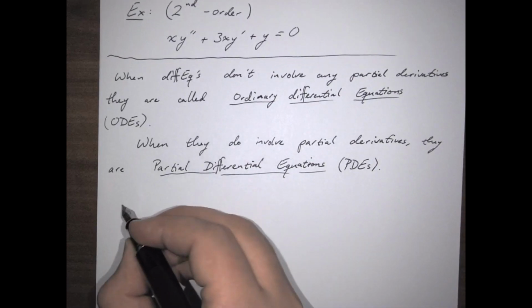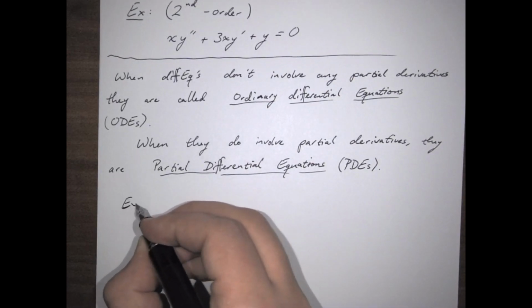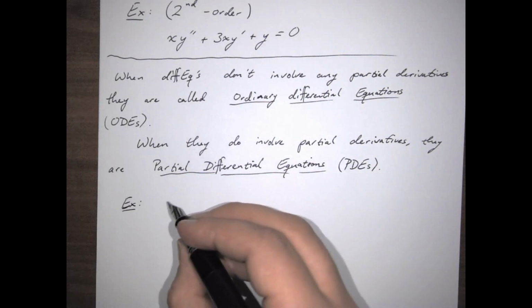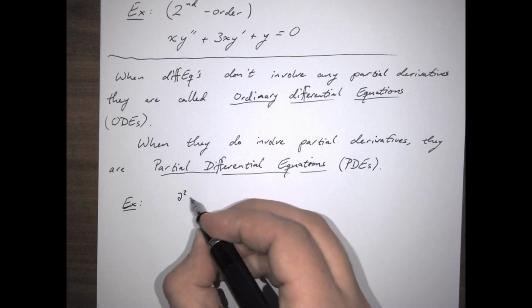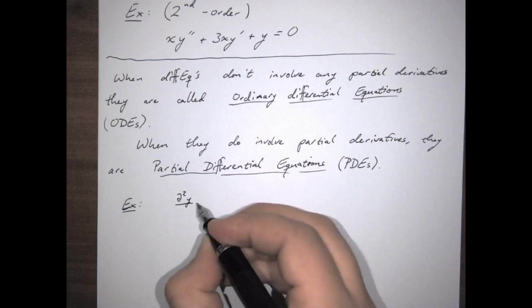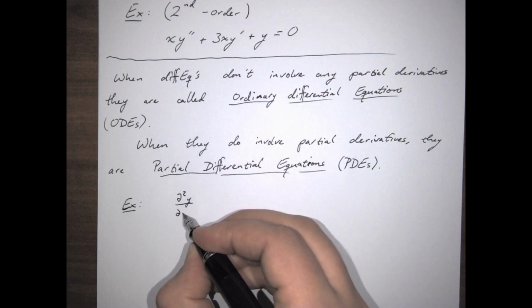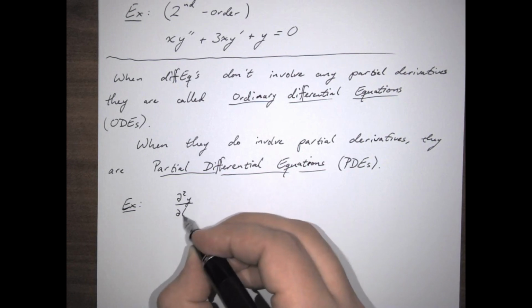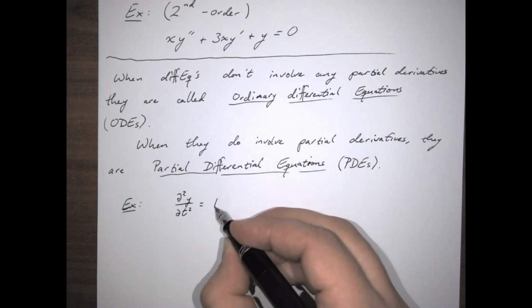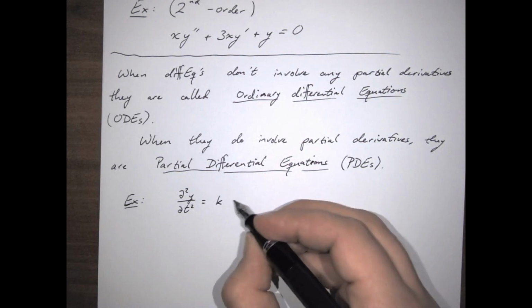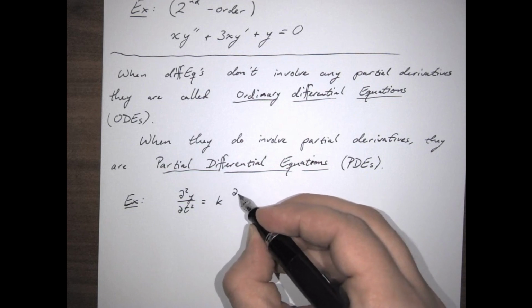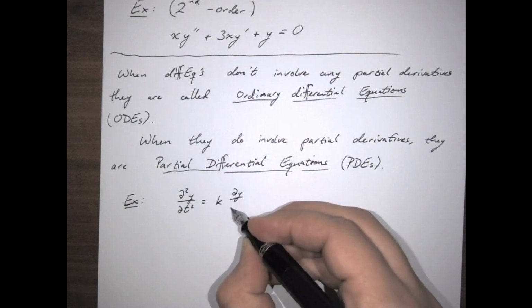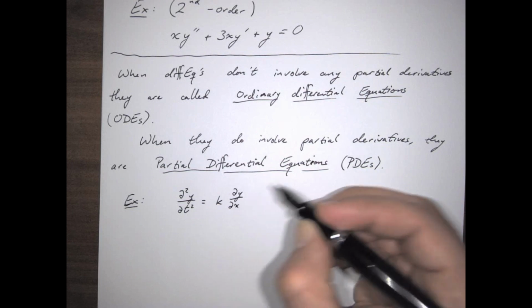So an example of a PDE would be something like, maybe you have the second derivative of y with respect to t is equal to k times the derivative of y with respect to x, something like that.